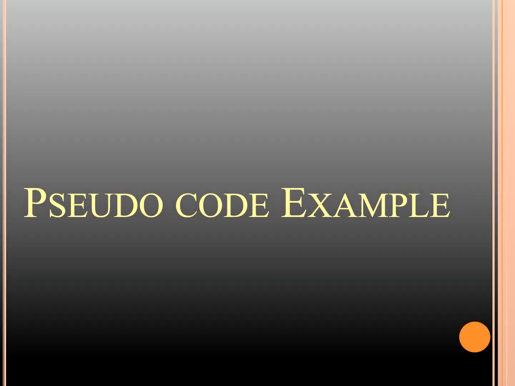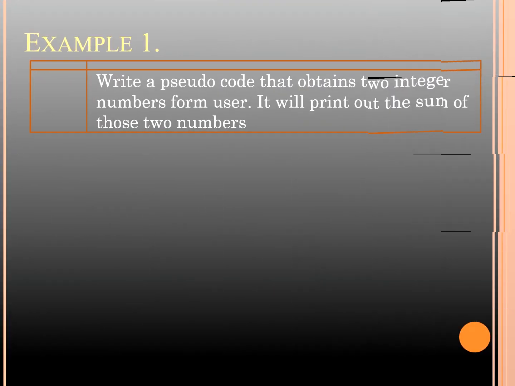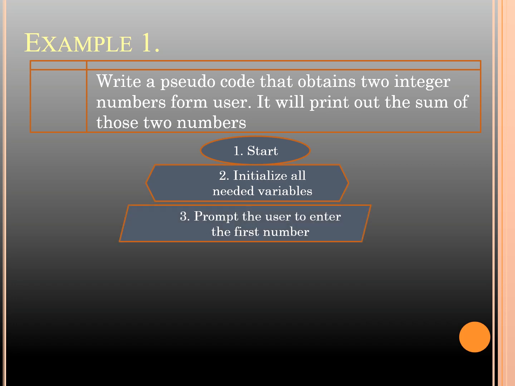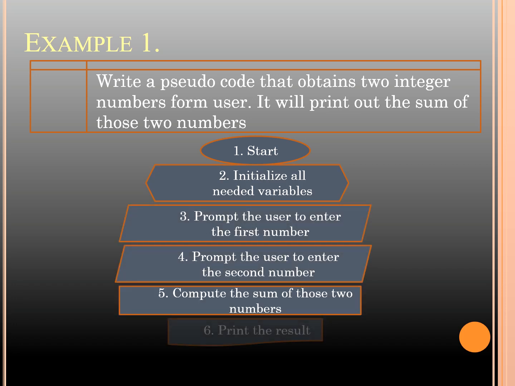Pseudocode example. So example number 1 here. Write a pseudocode that obtains two integer numbers from the user. It will print out the sum of the two numbers.